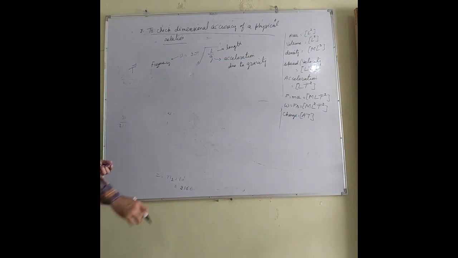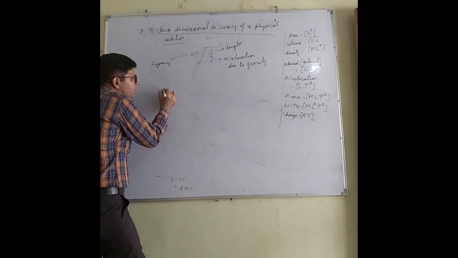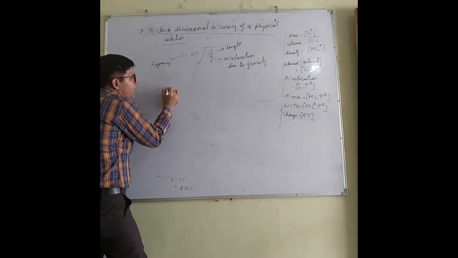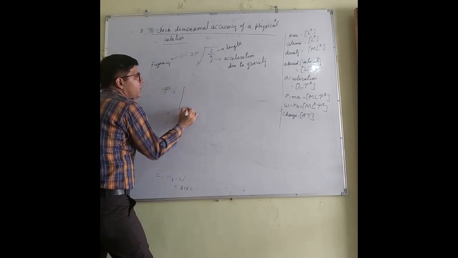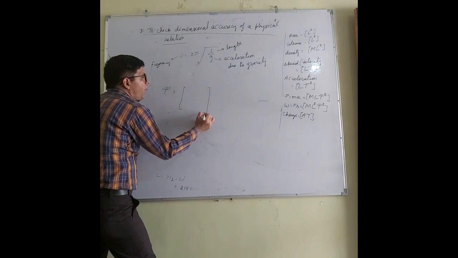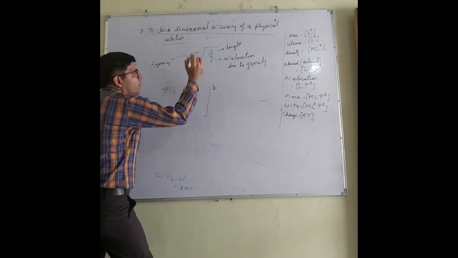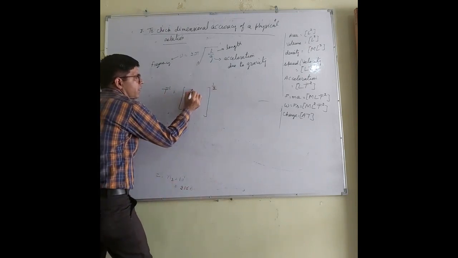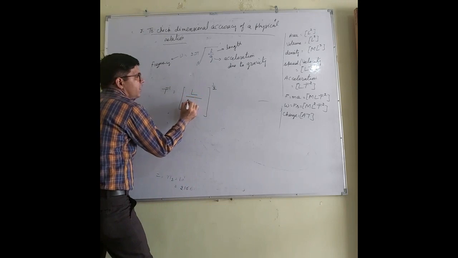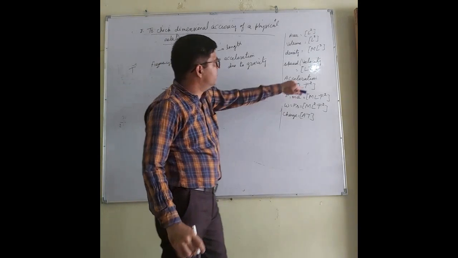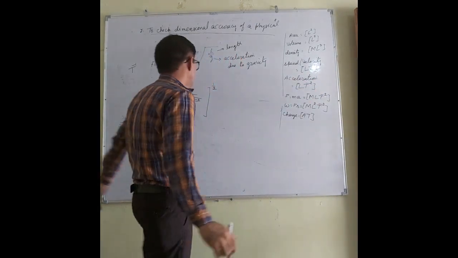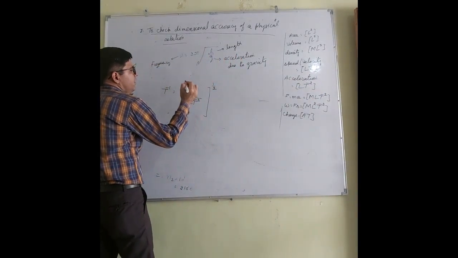Now, let me check, is this relation correct or incorrect? Frequency dimension formula is T to the power minus 1, 2 pi has no formula, and under root means power half. L is length, and the formula of acceleration is LT^-2. So L is cancelled. So what did I get?